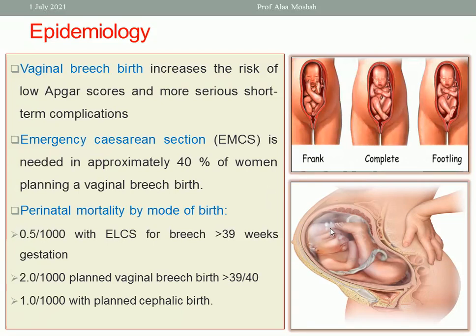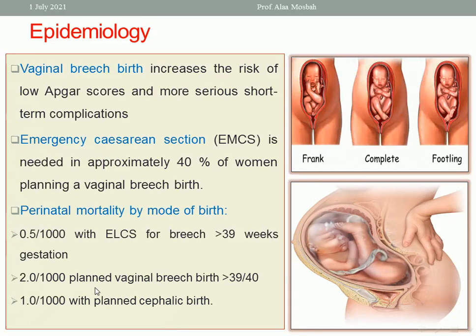What about the perinatal mortality? If we compare breech at more than 39 weeks gestational age with vaginal delivery and elective cesarean delivery, and also with cephalic presentation delivery, we will see this perinatal mortality: 0.5 per 1000 in cases who had elective cesarean section for breech, while in planned vaginal breech birth, it constitutes 2 per 1000, while in cephalic presentation, it constitutes 1 in 1000.